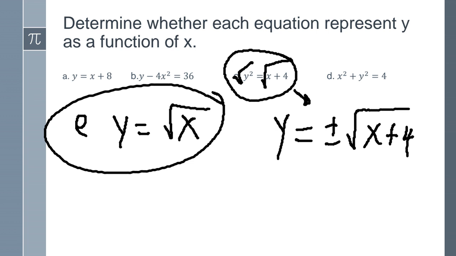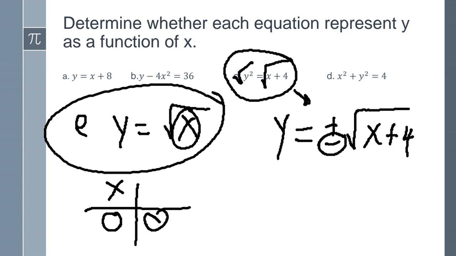Okay, so if I plug in 0 for x in here, I just get 0. If I plug in a 4, I'm going to get a 2. But we don't have to worry about getting a negative 2 because we don't have this negative. So the shortcut that you want to think about is if you yourself have to actually take the square root, then it's not going to be a function.